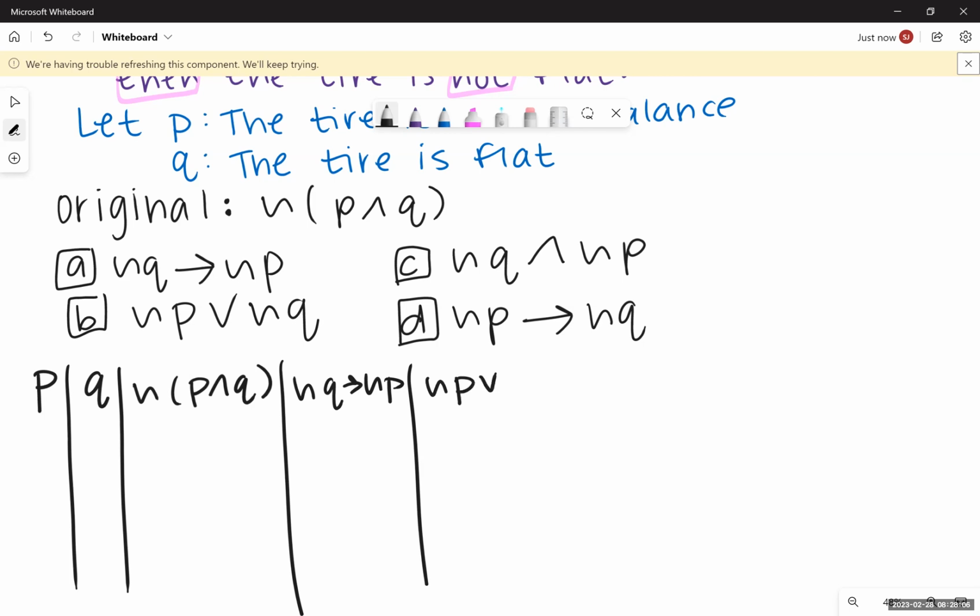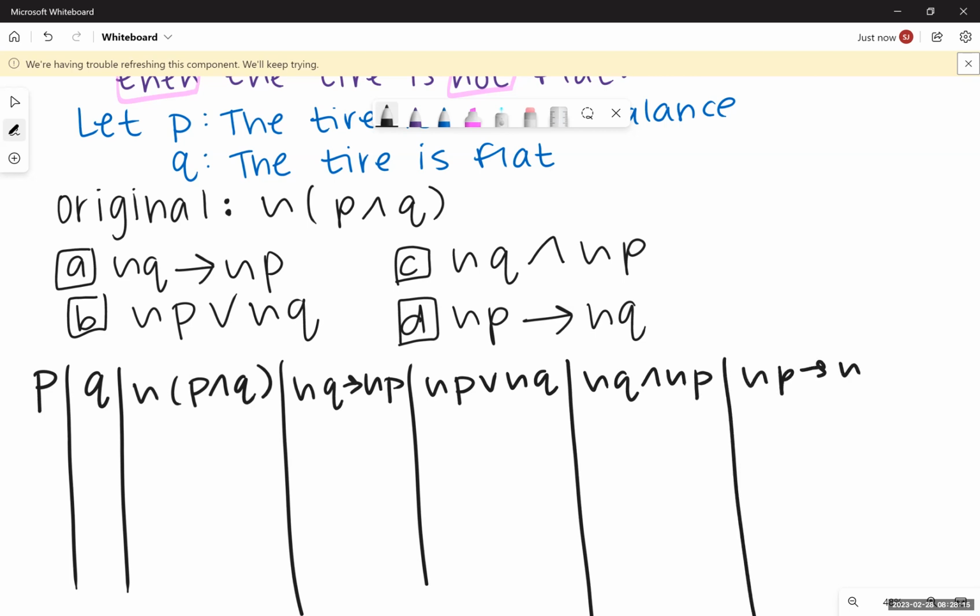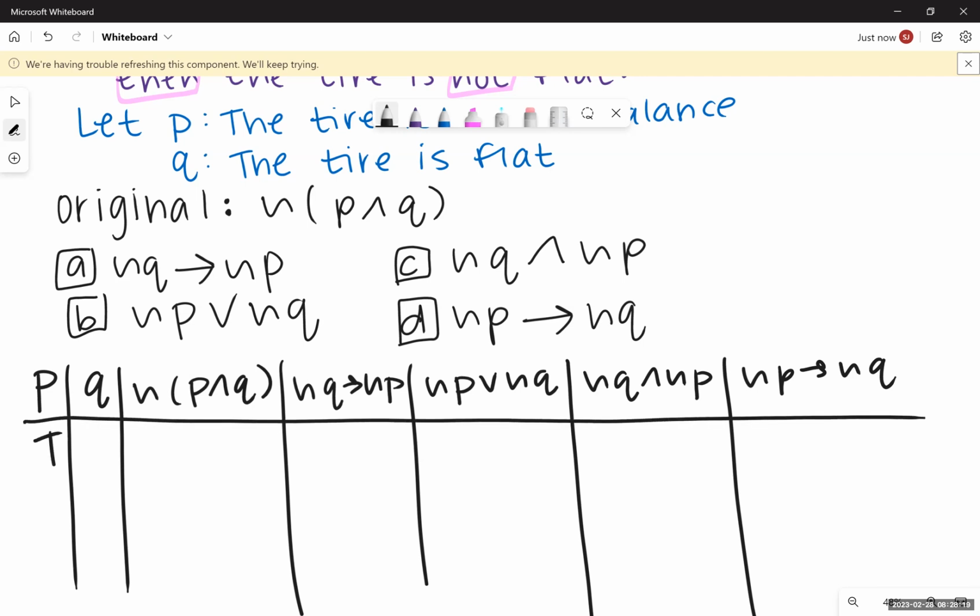And then we will have B, and then C, and then D. P, Q is true, true, false, false, true, false, true, false, and then we can start answering.